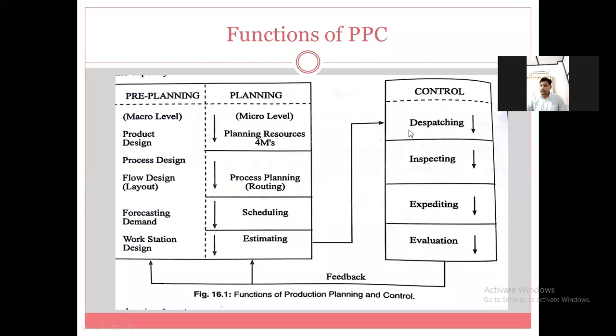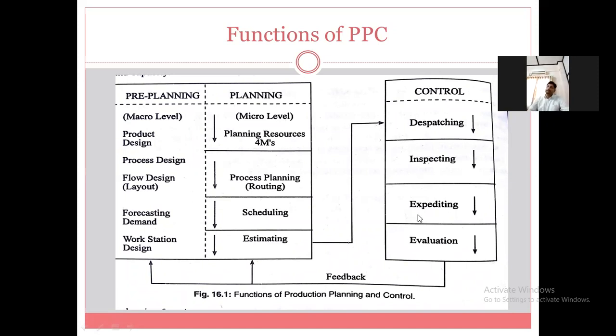Online quality will be checked for the products, and if there is any variation, it will be recorded. If there is no variation, the green signal will be given for further production. This is related to inspection.